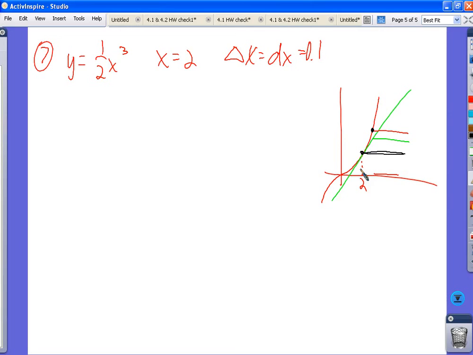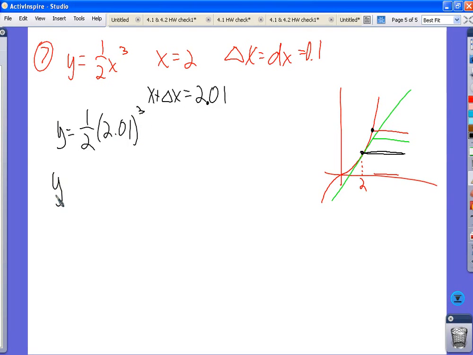Okay? So the actual change in y is going to be this y value minus this y value. So for a change in x of 0.01, then x plus delta x is going to be 2.01. So y equals 1/2 times 2.01 cubed.